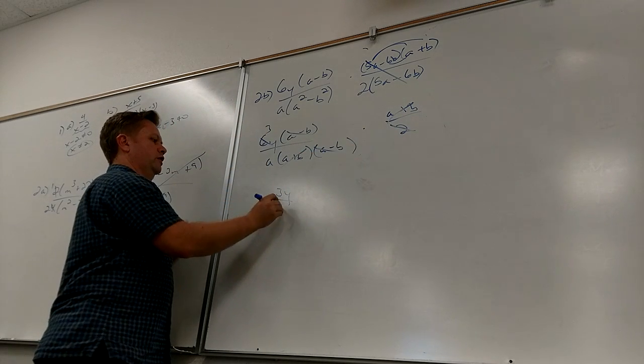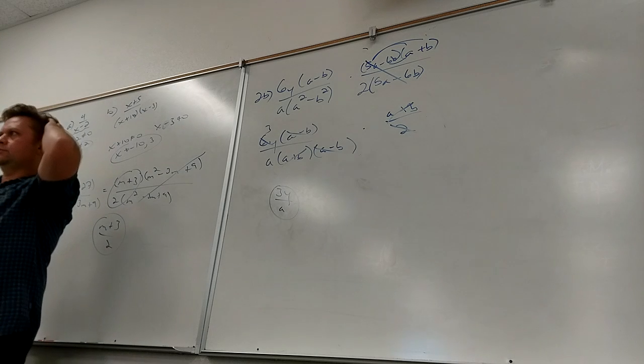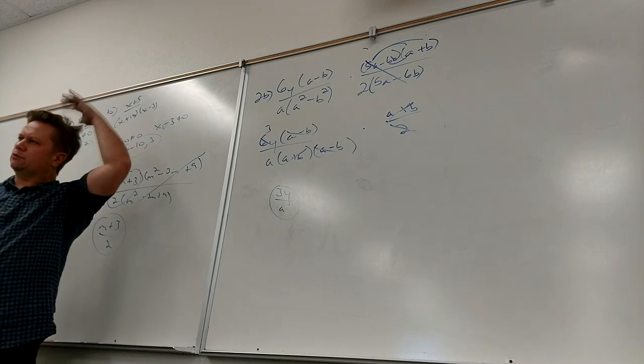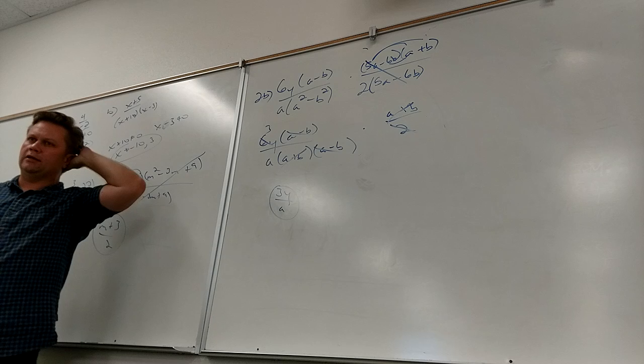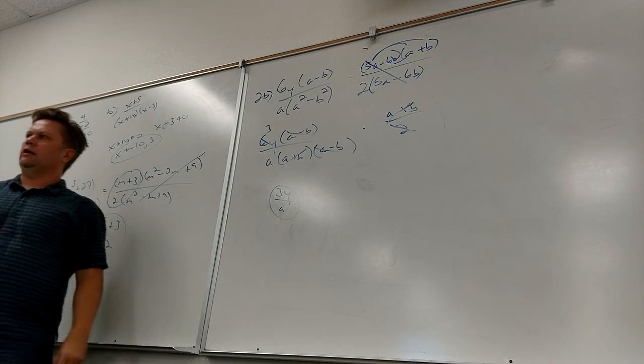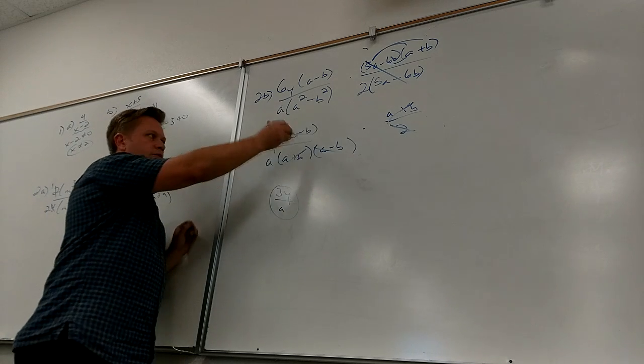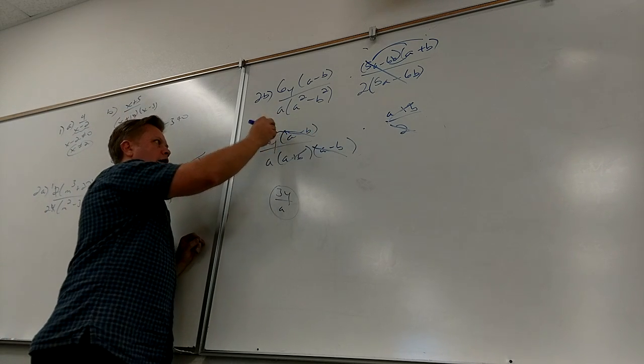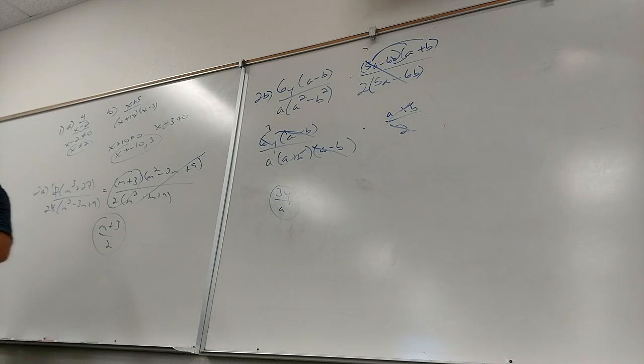So I got 3y over a. Bam. So part of the problem with these is just organizing it so you don't leave anybody. You make sure you get all your survivors down here. Don't leave anybody back here, surrounded by zombies of dead pieces. Get them out of there. Watch too many movies.